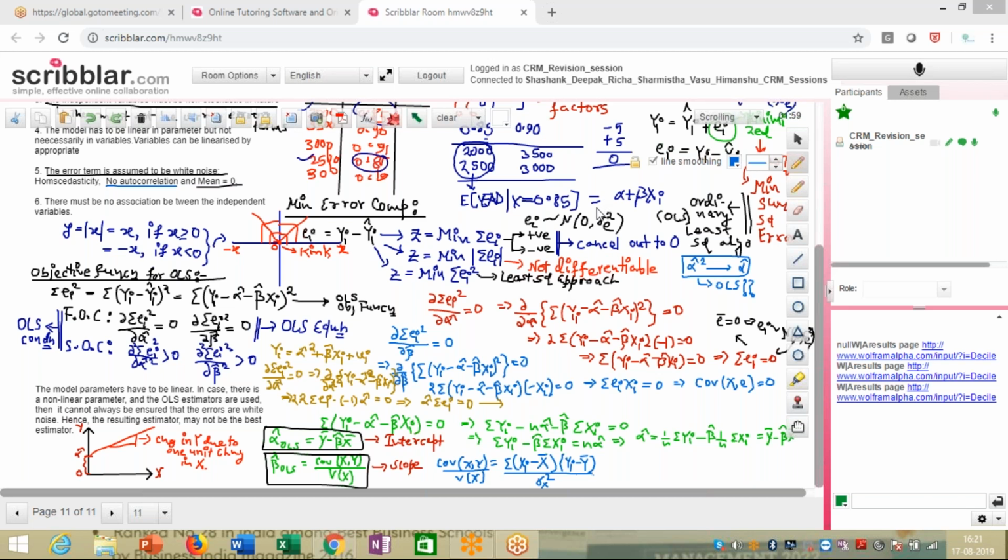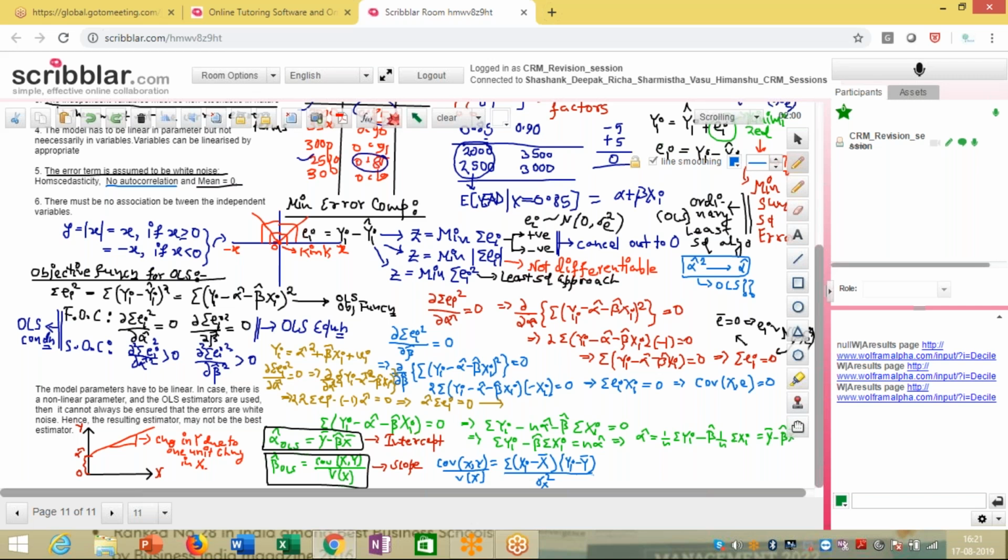Great. Okay. So now from here, what we get to see is that through OLS you estimate, you get the best fit, so you get that alpha hat and beta hat which minimize the sum of squares of the errors.